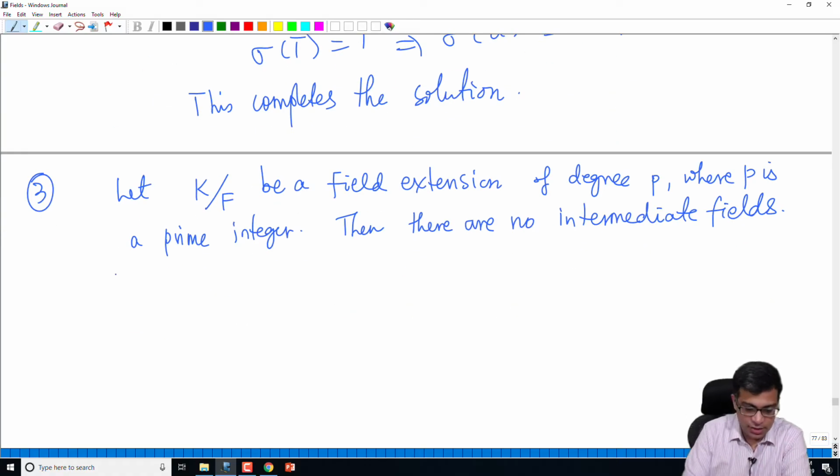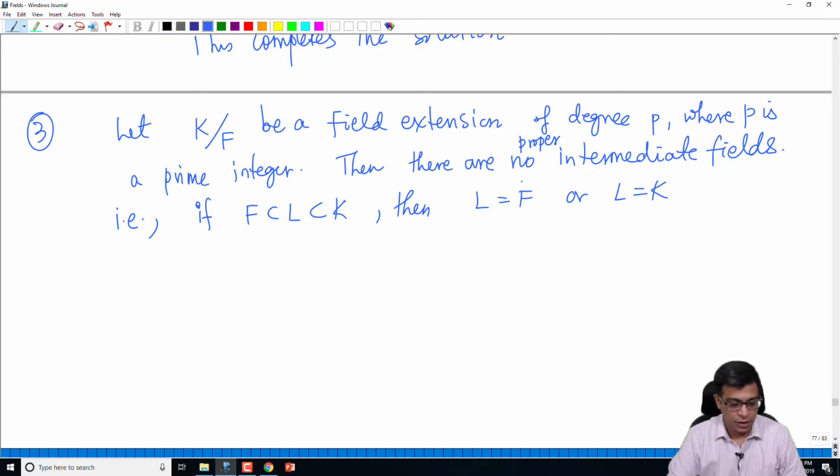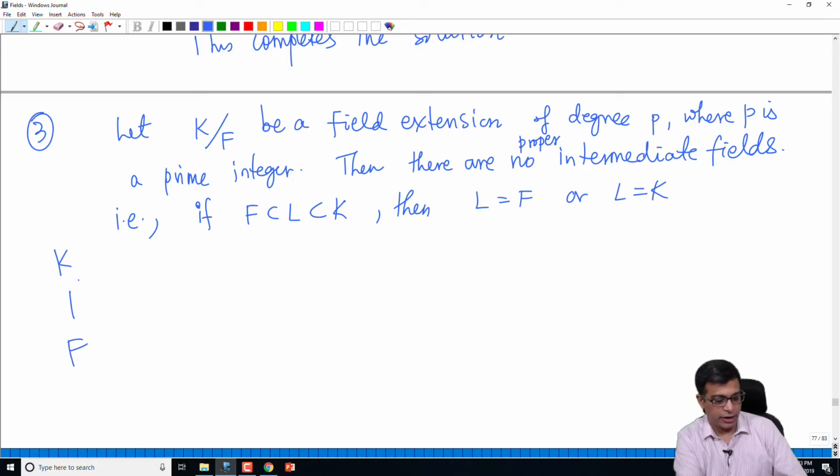What I mean is, if F is contained in L is contained in K, then L is equal to F or L is equal to K. So there are no proper intermediate fields. K is here, F is here, there is nothing in between other than K and F, of course.